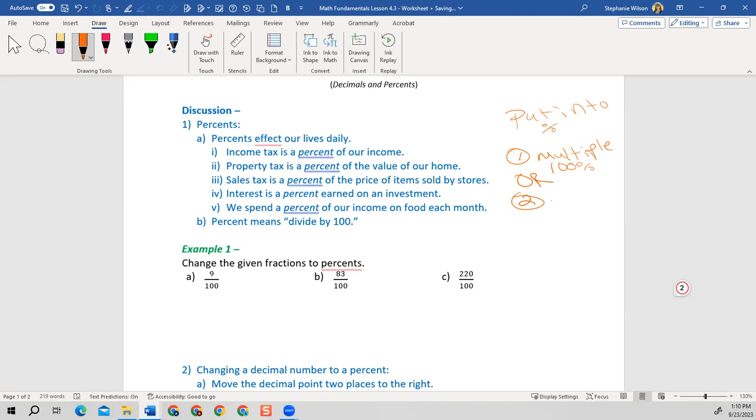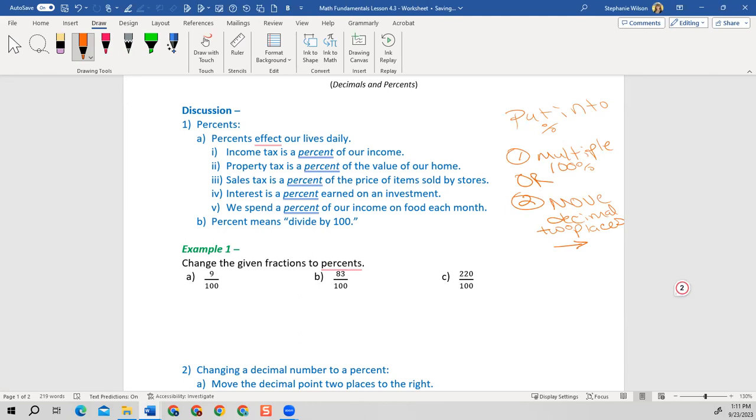We can move the decimal 2 places in that direction towards the right if we're putting it in percent. Of course, that means if you use option 2, we need to have our answer in decimal form, right?